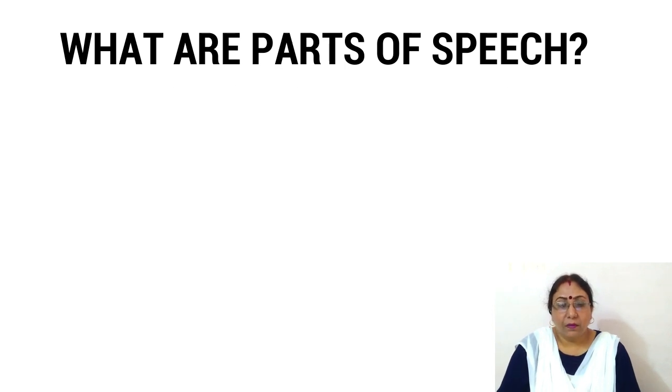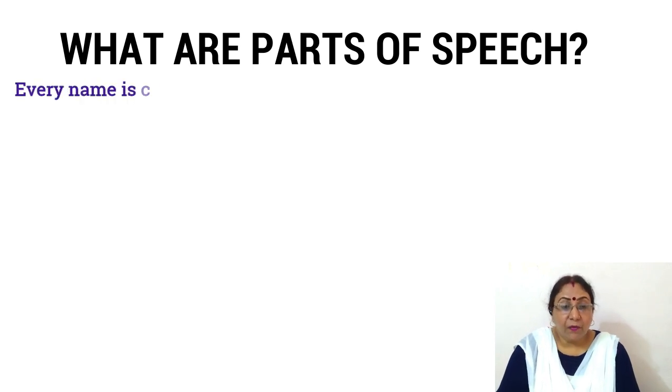Now to sum up the parts of speech, we will be reading a poem. I had read this poem somewhere and I liked it very much, and so I would like to share this poem which will give a very clear and vivid picture of the parts of speech.